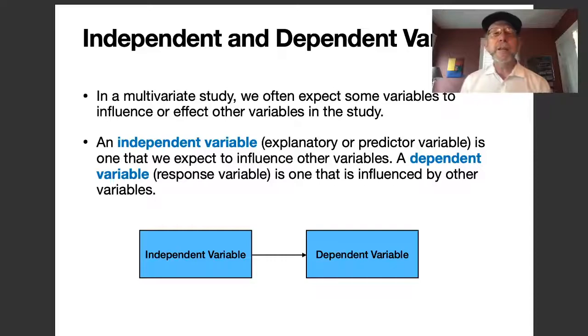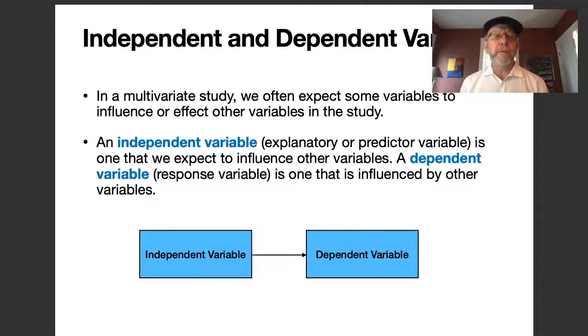So the idea of independent and dependent variables tracks with this idea of certain things influencing others. An independent variable, which is also called an explanatory variable or sometimes a predictor variable, is one that we expect to influence other variables.